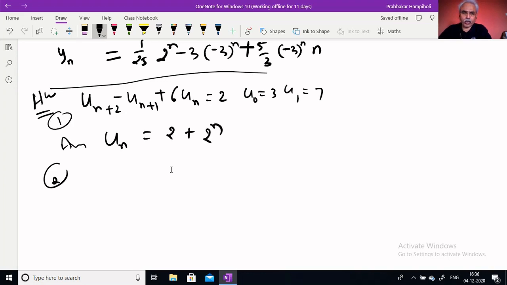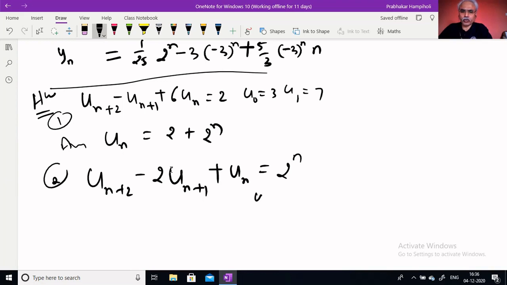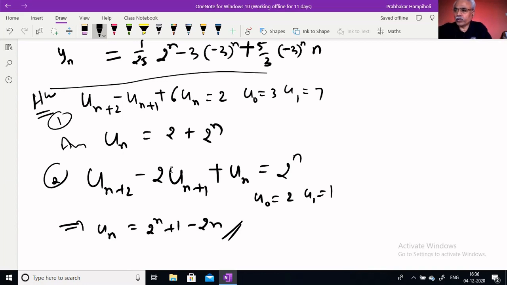Second one of the similar kind, u n plus 2 minus 2 times u n plus 1 plus u n equal to 2 raised to n with some initial conditions u0 and u1, and the answer for this should be u n equal to 2 raised to n plus 1 minus 2n. So these are some examples where there are a lot of things common.